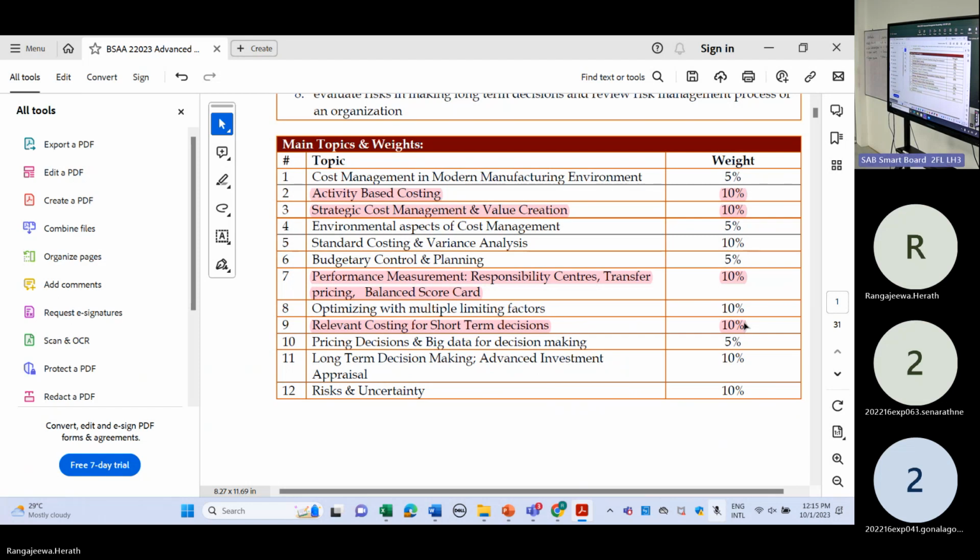In content technique. සමහර ඒවා ඔයගොල්ලෝ assignment එකට මම link කරලා තියෙනවා. Like environmental aspect of cost management, pricing decision, right?